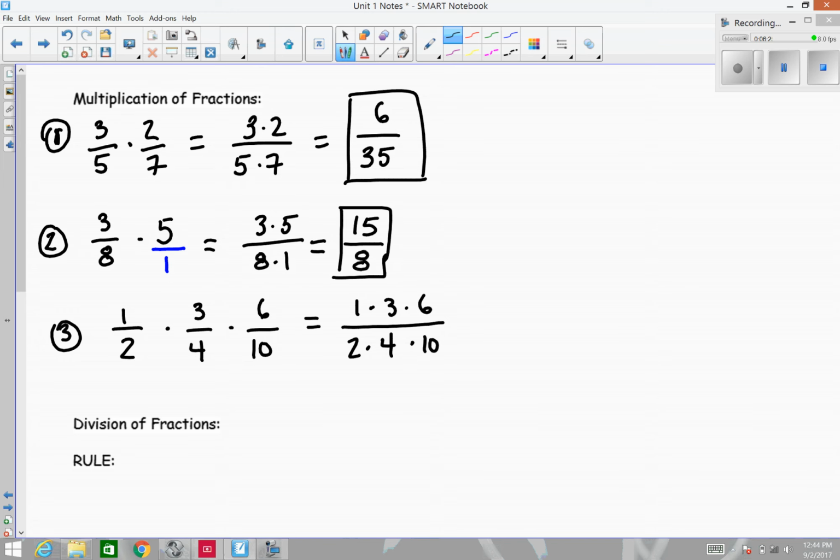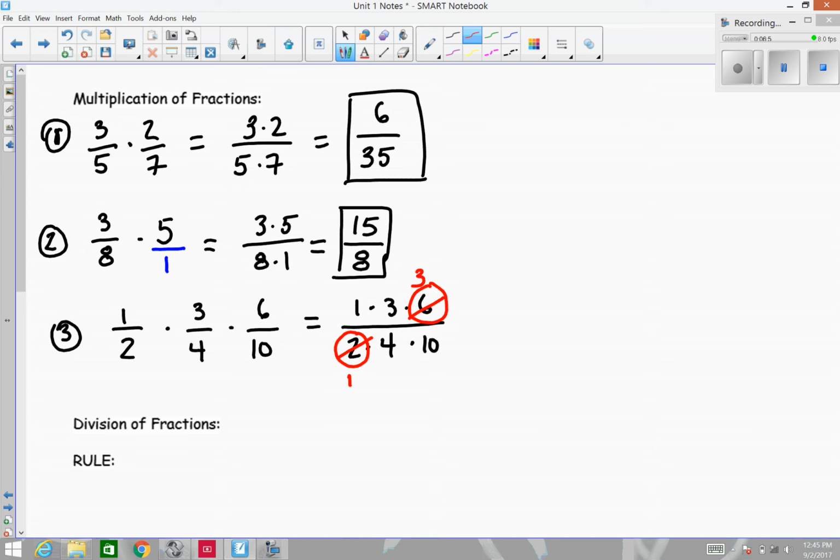Here's what I mean. I see that I have a 6 in the numerator, and in the denominator I have 2. Now 2 goes into both of these, the 2 and the 6. So I'm going to go ahead and reduce those now before I multiply everything out. 2 goes into 2, becomes 1, and 2 goes into 6 3 times.